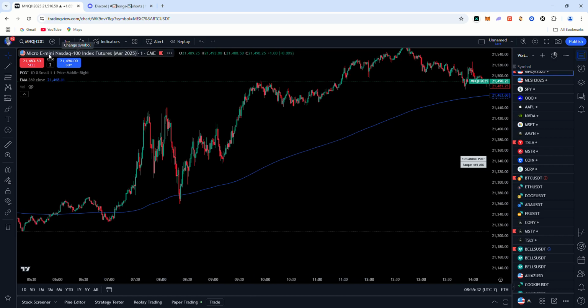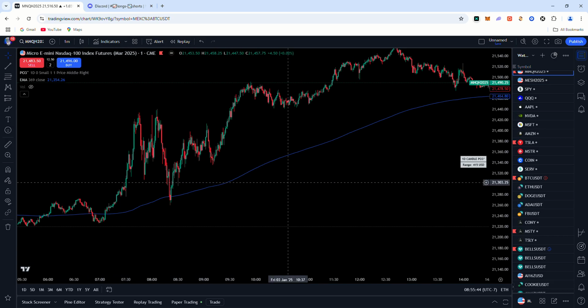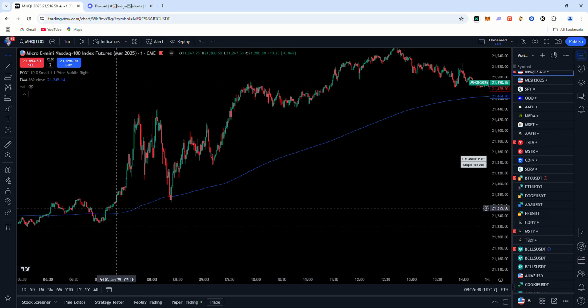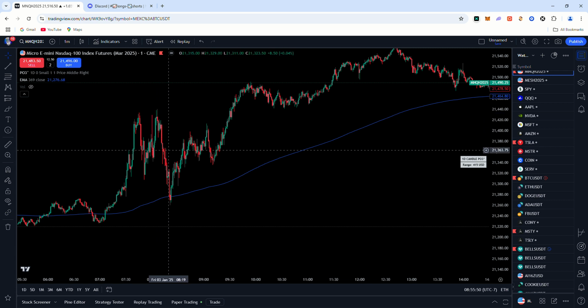So this is the micro E-mini NASDAQ 100 futures, March 2025. So front month contract or current contract. This is what we traded on Friday, and this is all we are looking for.